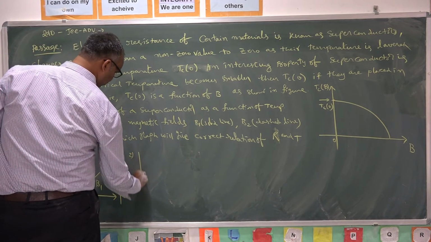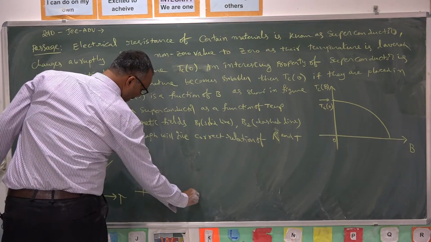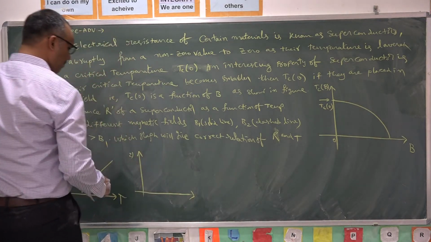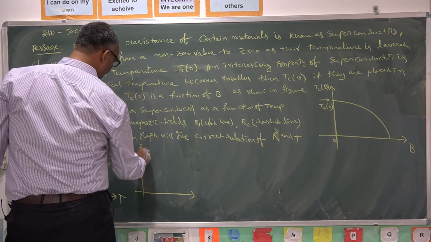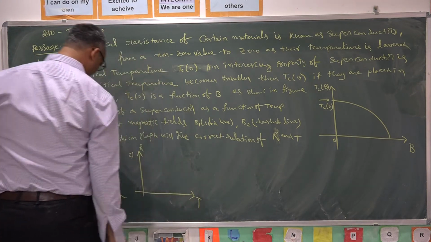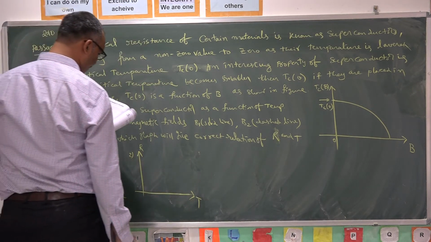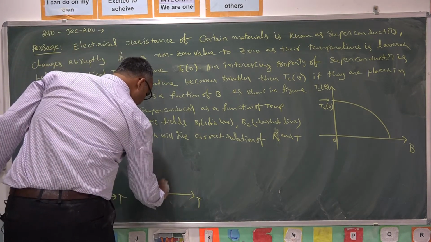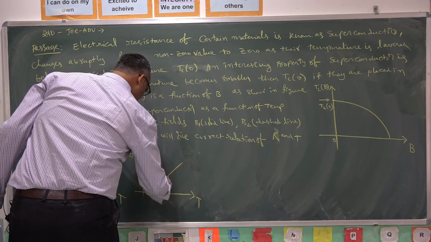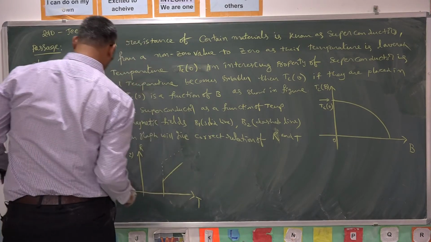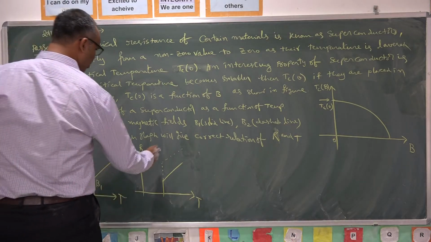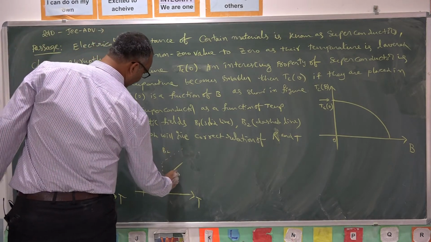Second graph, again between R and T. This is B2, this is B1.